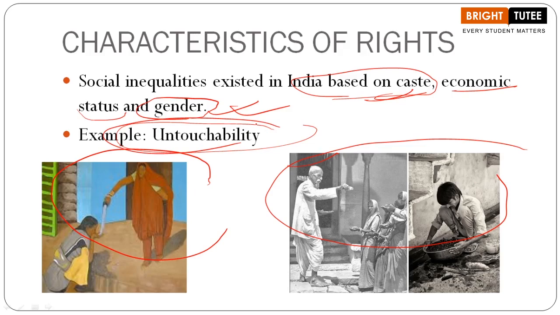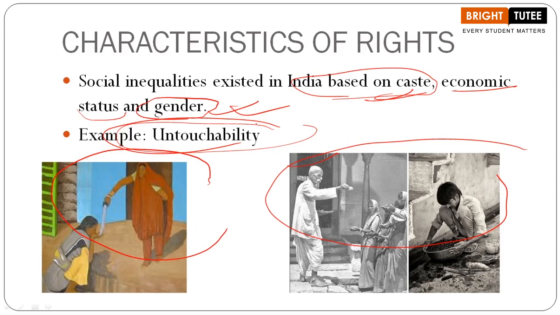This is how the constitution has guaranteed that we can protect the rights of the minorities, of these Dalit communities, of the untouchables who are not being treated equally in society. And if these untouchables are treated badly, they can move to the court and claim their right. This is a reasonable right that we are referring to.